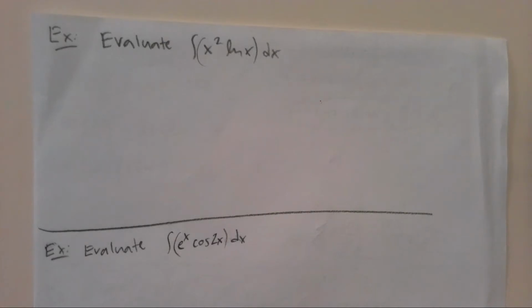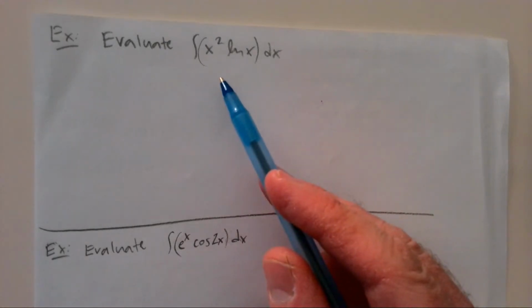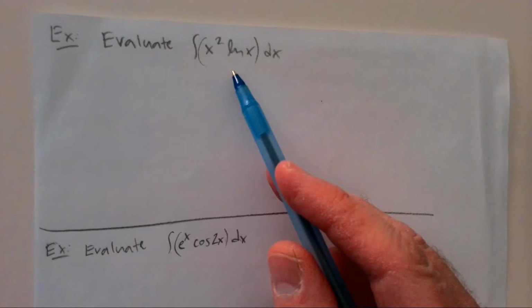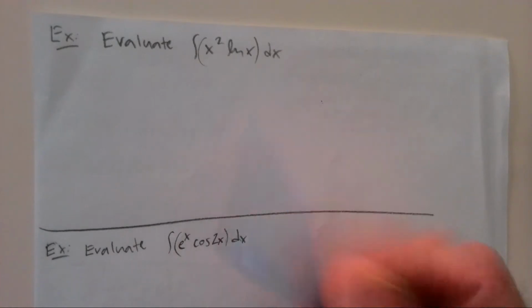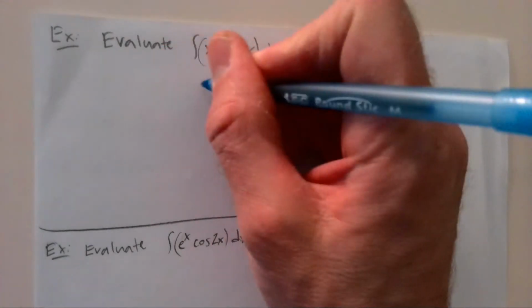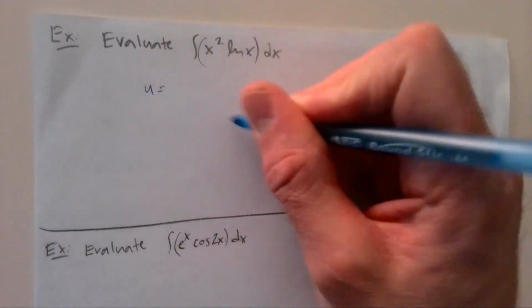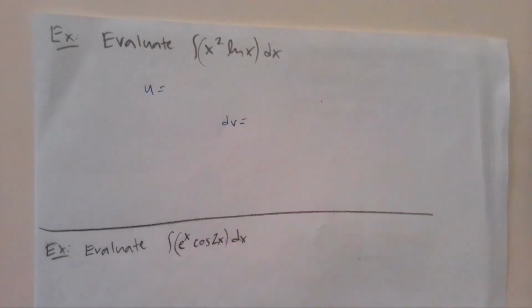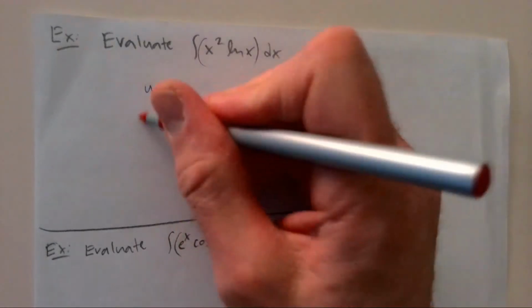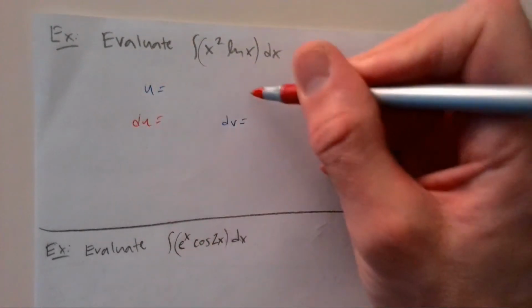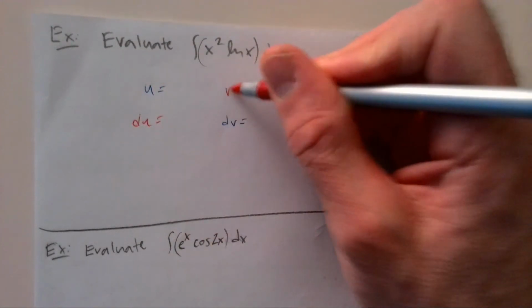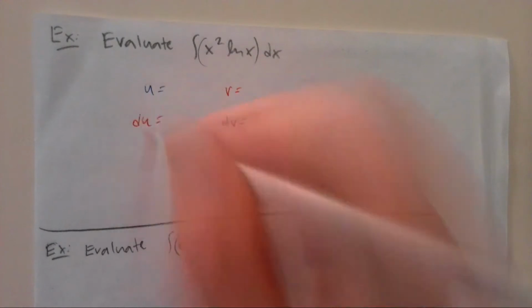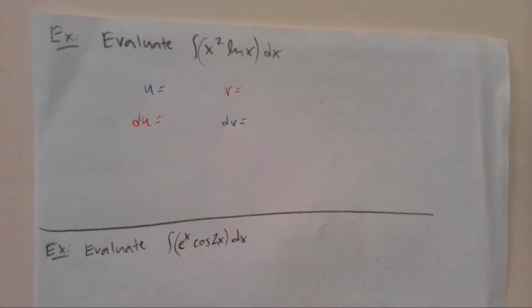Two more examples here. This first one, I've got the integral of x squared times natural log of x dx. As always, first thing you want to do is figure out what you want u and dv to equal, and based on what you choose, what are du and v. You've got a lot of options.